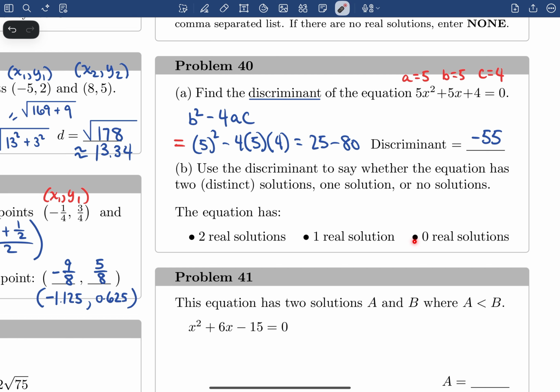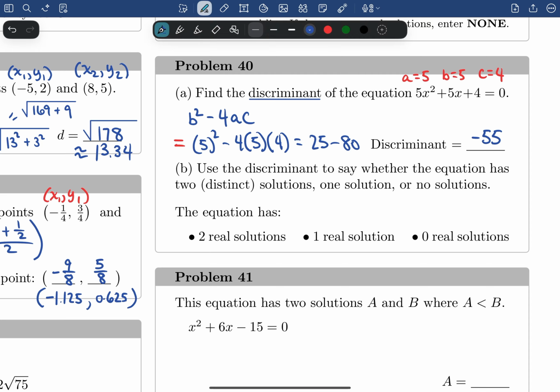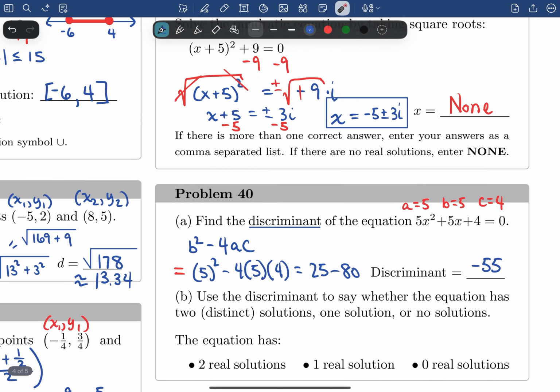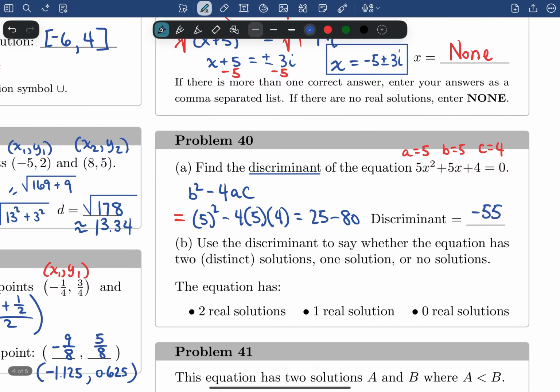And 0 real solutions happens if the discriminant is negative. Looking at my case, I got a discriminant value that was negative. And a negative number under a square root, well, we already saw that that creates an imaginary set of solutions. So that's why we're going to say there are 0 real solutions when we have a negative discriminant.